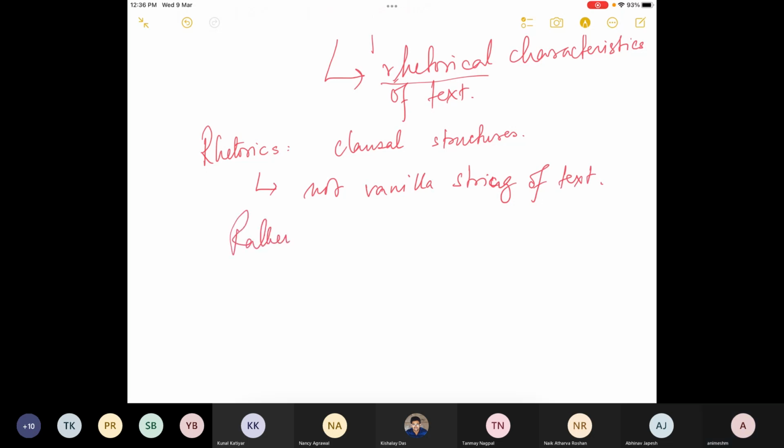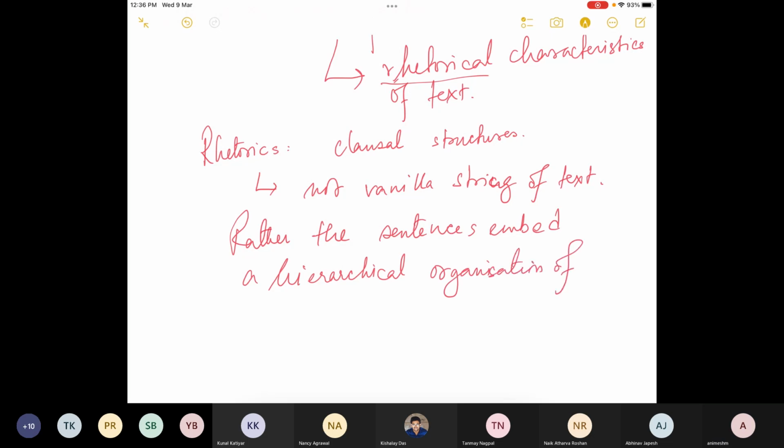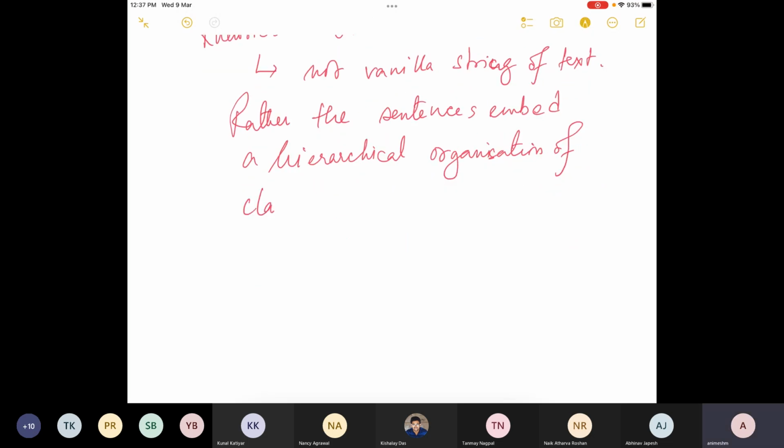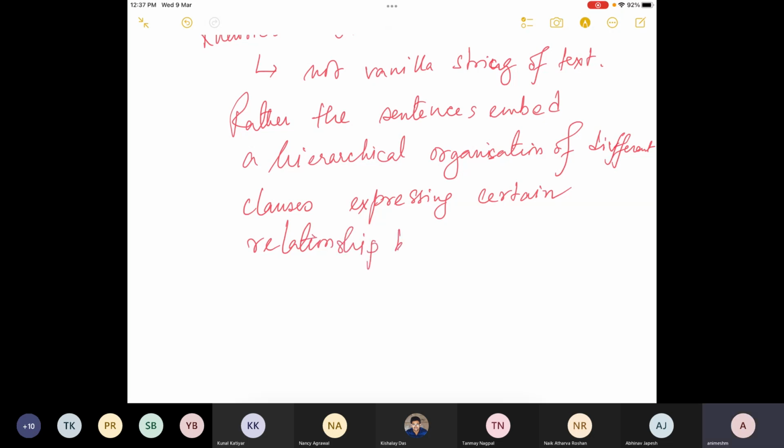Rather, the sentences embed a hierarchical organization of clauses, different clauses expressing certain relationships between these clauses.